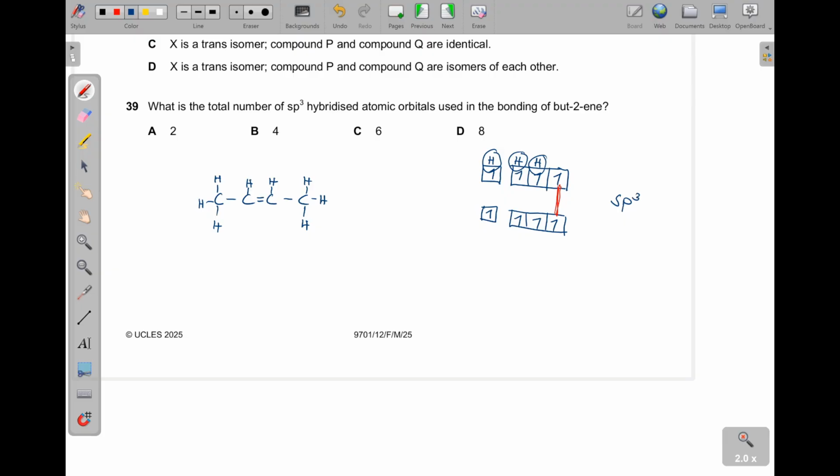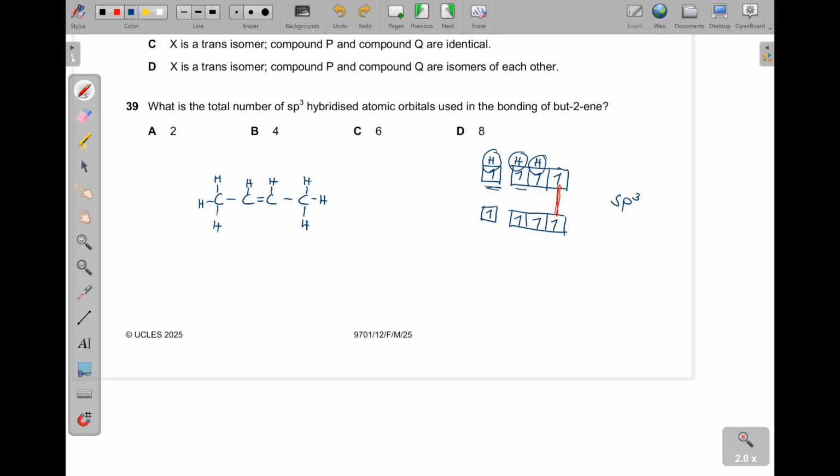So sp3 actually means the orbitals which are involved in the bonding before, that is the head-on overlap, before the sideway overlap to produce the pi bond. Okay, so we are seeing 1 s orbital and then 3 p orbitals. They are all involved in that bonding. You see, that is sp3.